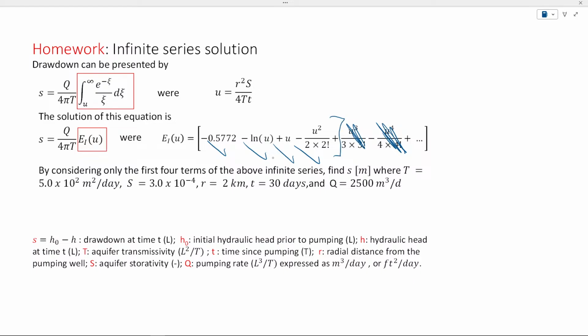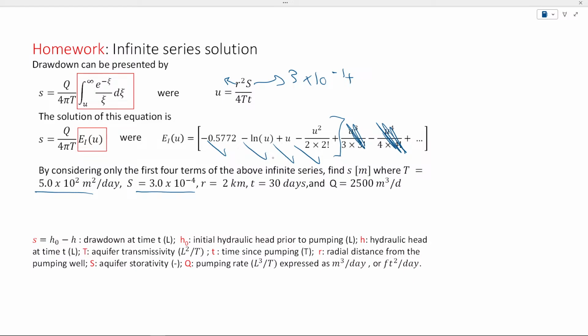So by just considering the first four terms of the above infinite series, find s, the drawdown, where I'm giving you the storativity, big S, which is 3 times 10 to the power minus 4. I'm giving you r, which is 2 kilometers.